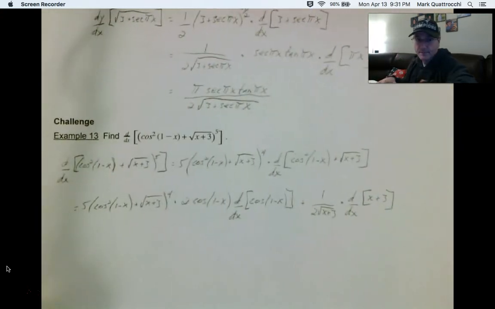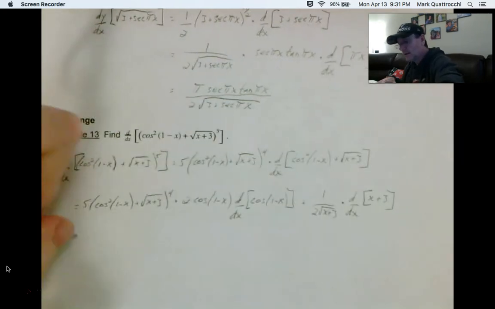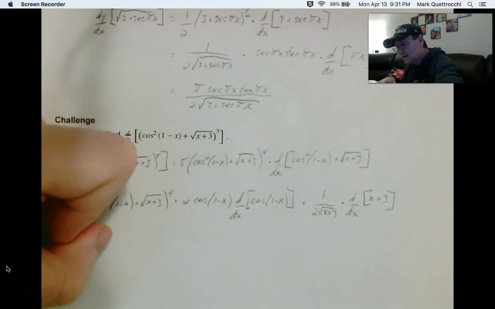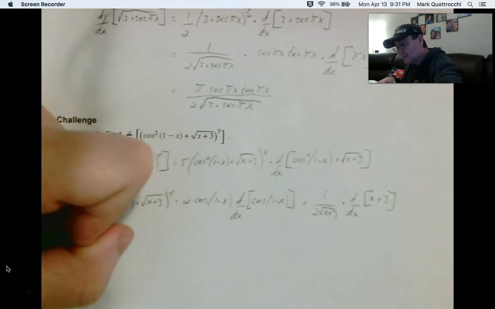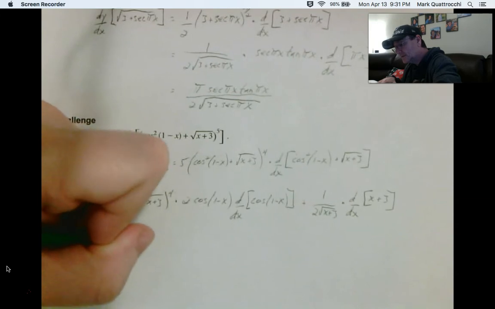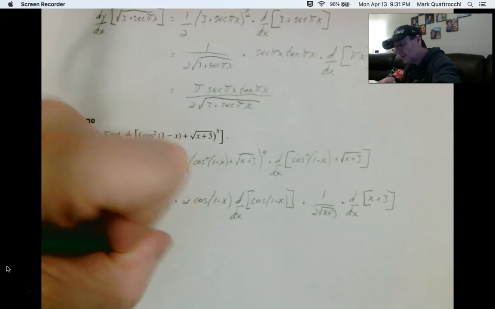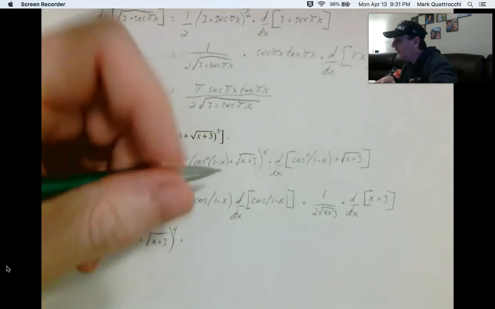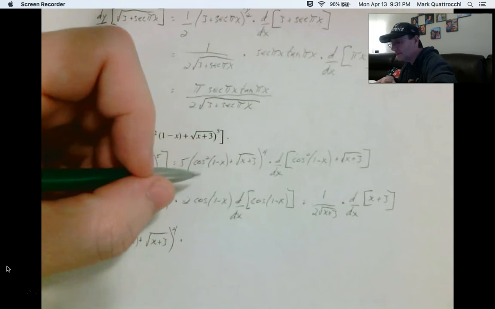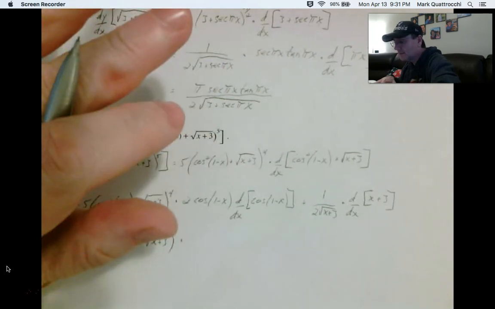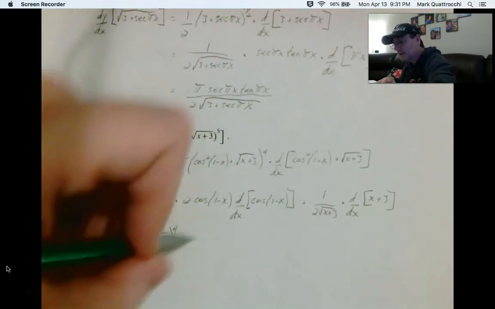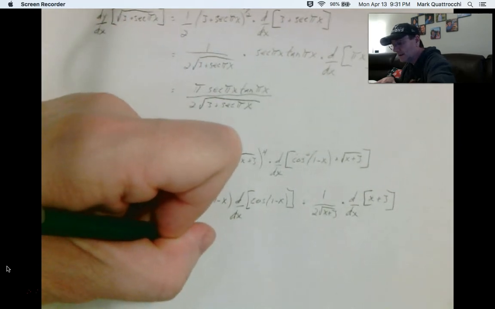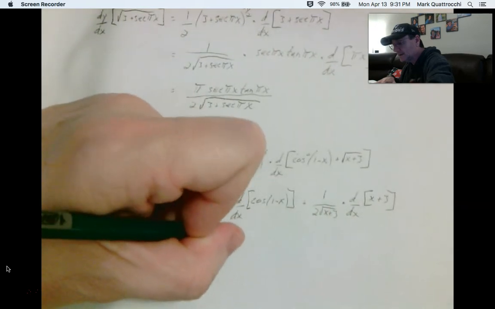Derivative of the inner function. Getting closer. 5 cosine squared 1 minus x plus square root x plus 3 to the 4th power times, my 2's cancel here, I believe. No, they don't. Sorry, we have a plus in between them. So I'm going to leave that. 2 cosine 1 minus x.